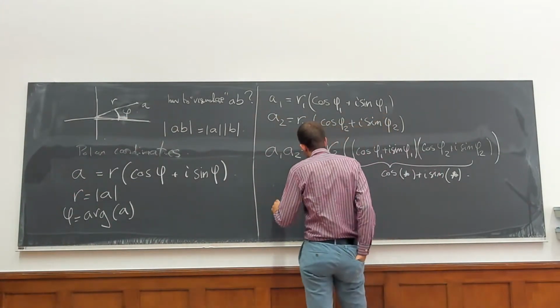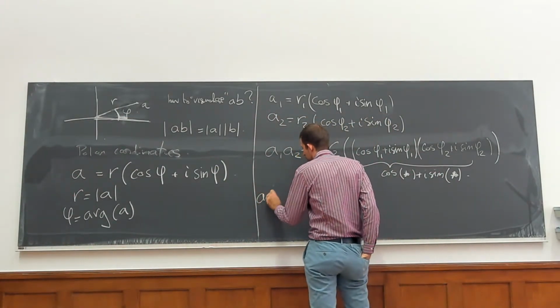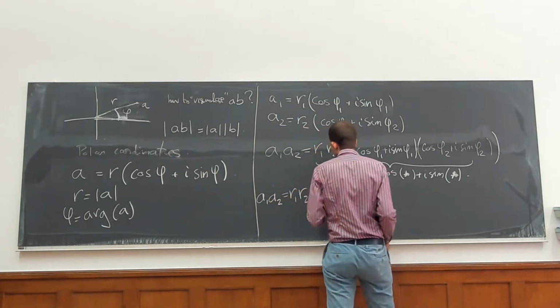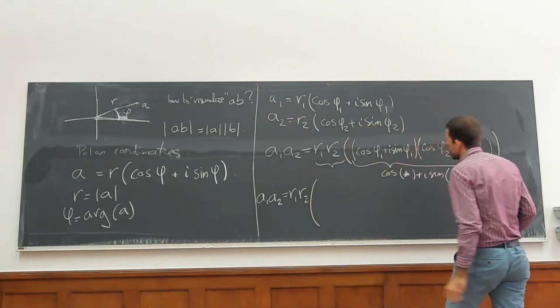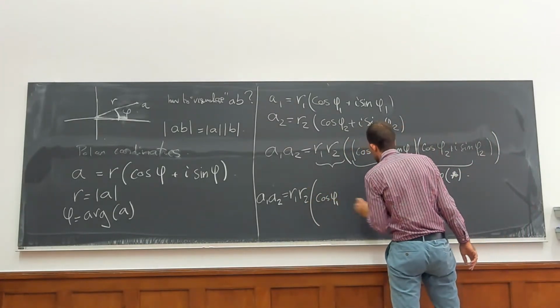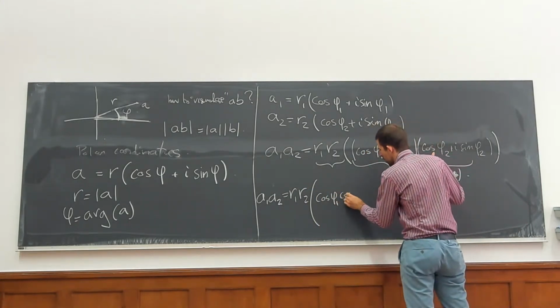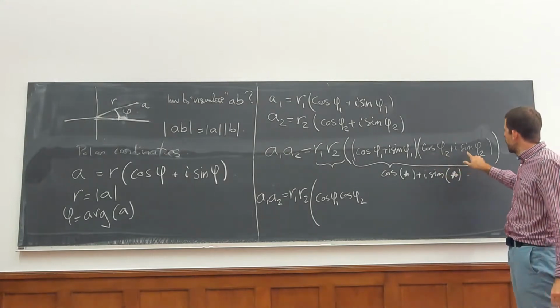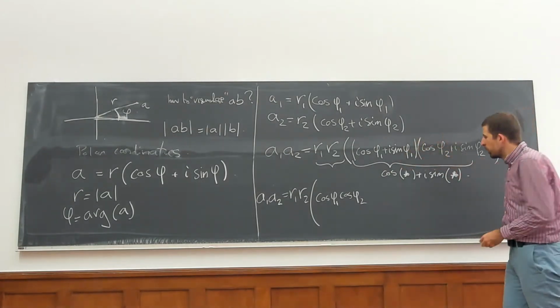Okay, but now let's work a little harder. Okay, so what do we get? So real part first. We get cosine phi 1, cosine phi 2. Then the other contribution to the real part comes from the cancellation, the i squared equals minus 1.